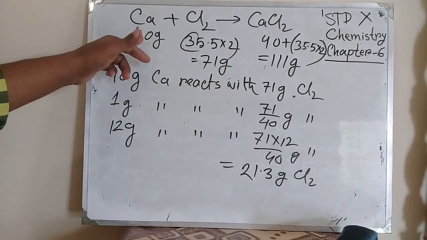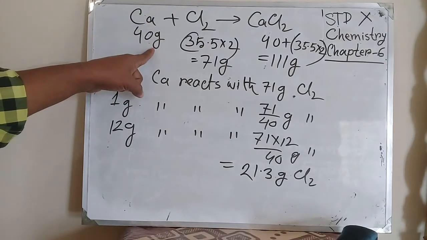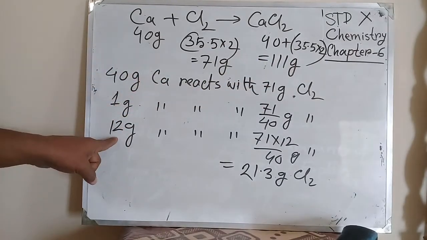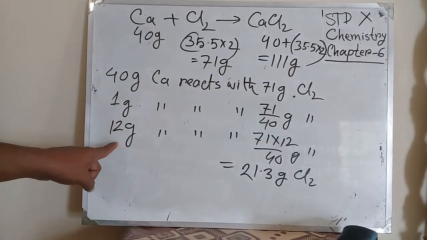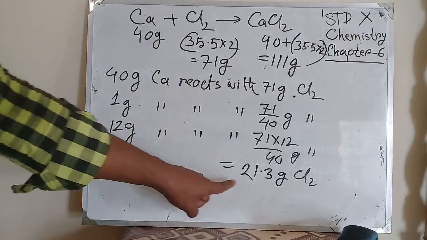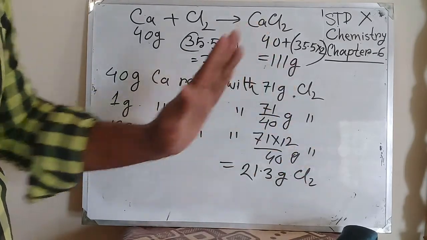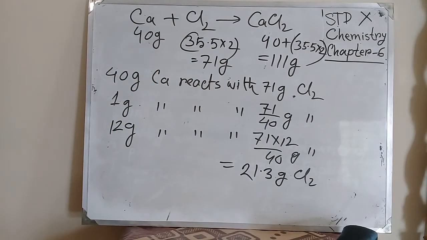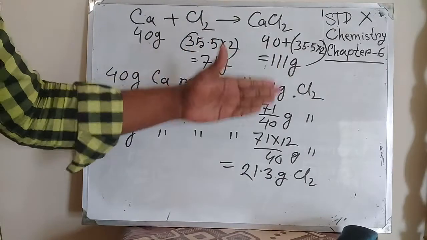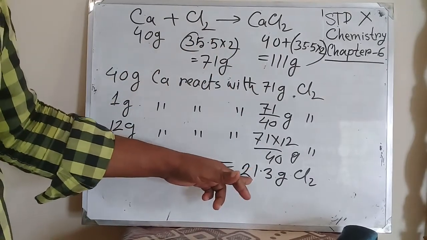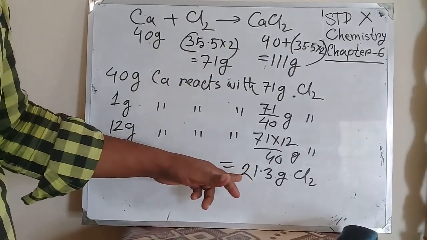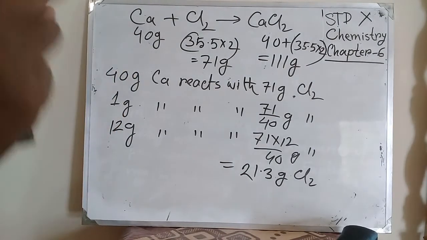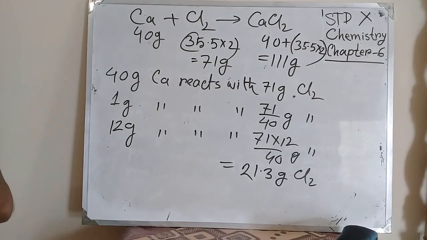So in the reaction we have taken 25 gram chlorine, but we have calculated using the limiting reactant: 40 gram calcium reacts with 71 gram chlorine. So because we have taken 12 gram calcium, we need just 21.3 gram chlorine, but in the reaction we have taken 25 gram. If we subtract 25 minus 21.3 gram chlorine, then we get some leftover reactant chlorine.